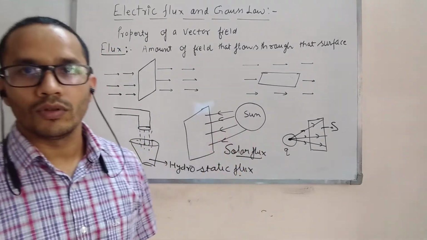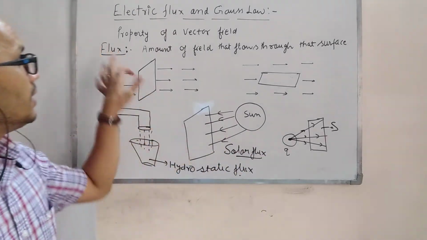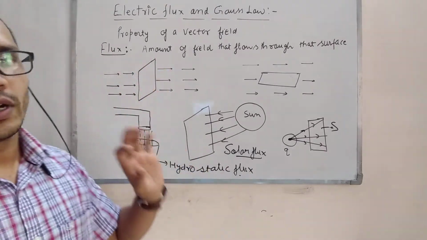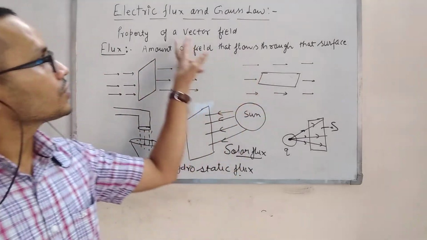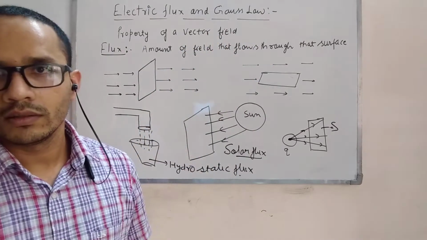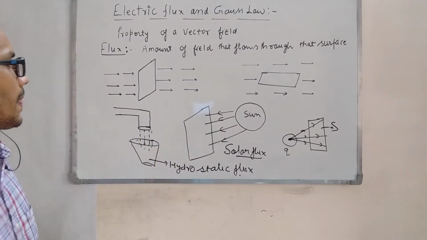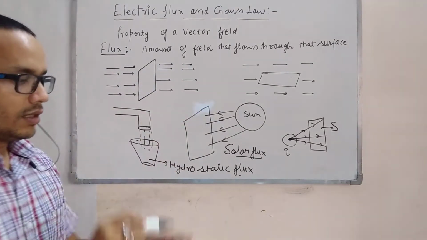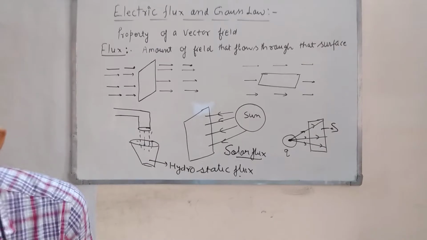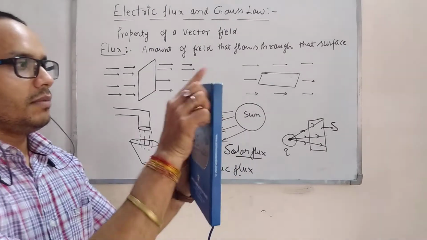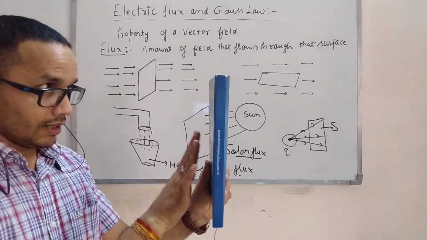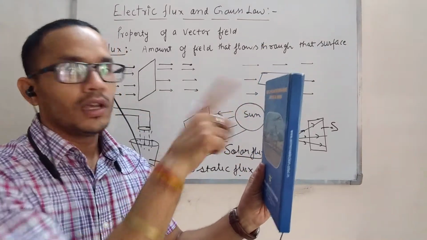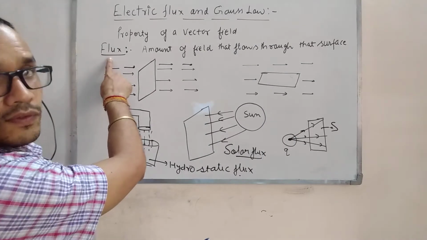The first thing you should know, electric flux is not a particular word, it is a general word. It deals with all those fields which have the vector property. If these are the electric lines of force, and I put a 1 meter square area or some certain area here, the number of electric lines of force passing through this surface is known as electric flux.